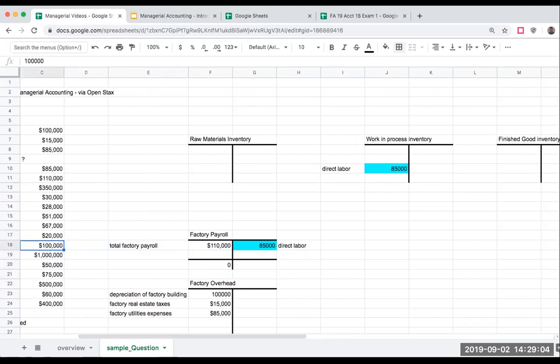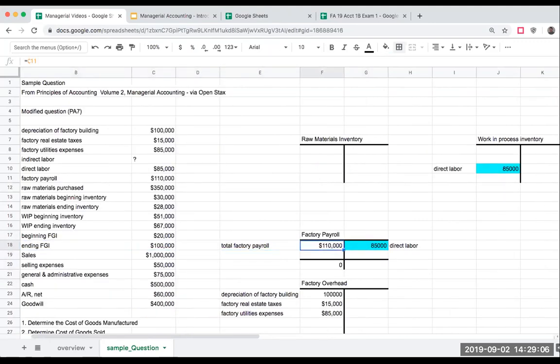And if I look at right here, well, I've got 110,000 of debits. I have 85,000 of credits. So to make this account go to zero, I need a balance here of 25,000. And what we call this, because factory payroll is made up of two different things. It has direct labor, which directly relates to that manufacturing process, and it goes into work in process.